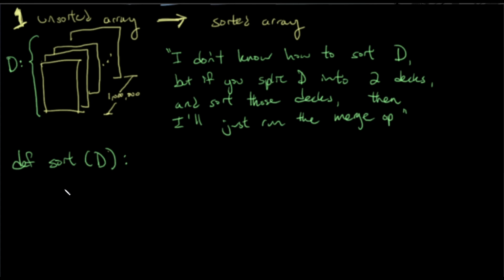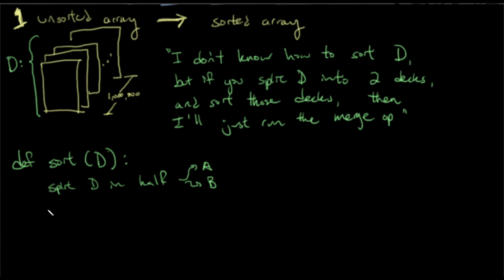We're actually going to split D in half, and cut it right at the 500,000 mark. And we're going to give it a deck A and a deck B. Somehow we want to sort both A and B so that we can run the merge operation on them in order to get our sorted original array.